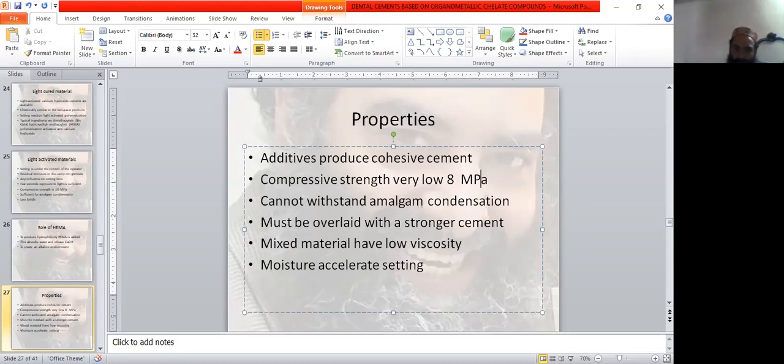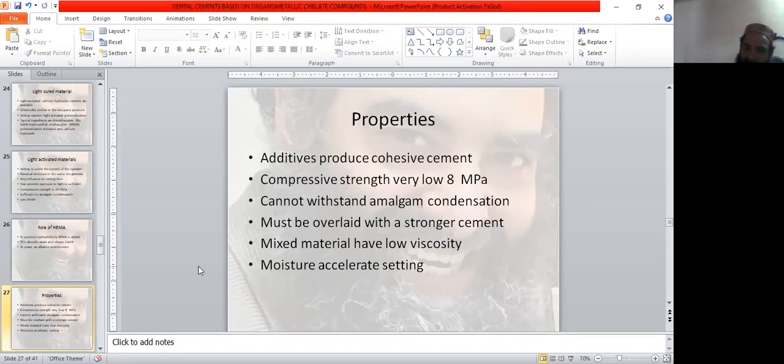So it must be overlaid with a stronger cement, that is it is used as a sublining, then a strong cement as a lining. Mixed material has low viscosity and moisture accelerates setting.